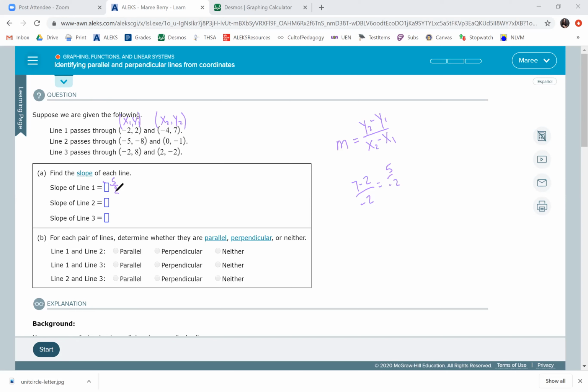The next thing you need to know, I'm going to keep these equations up here. You need to know that parallel lines have the exact same slope.